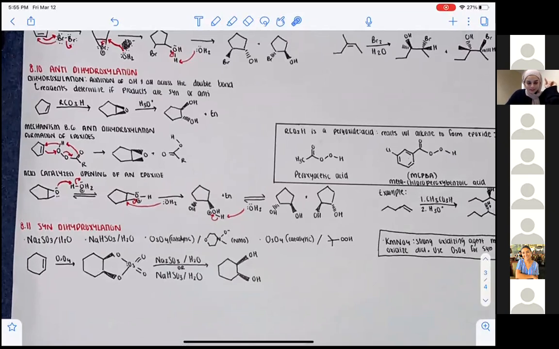But moving on, because we have 5 minutes before we have to do practice problems, we have anti-dihydroxylation. Pretty much what's happening here is that we have 2 OH groups and then an enantiomer is being formed.